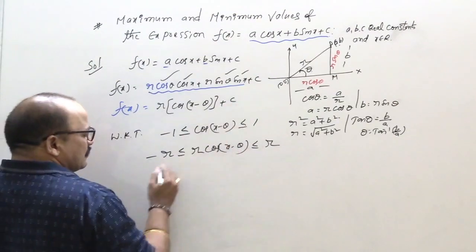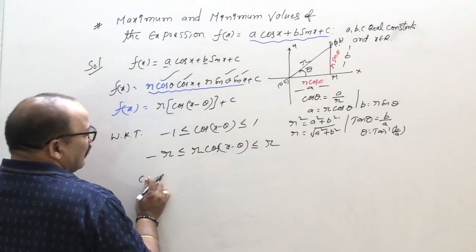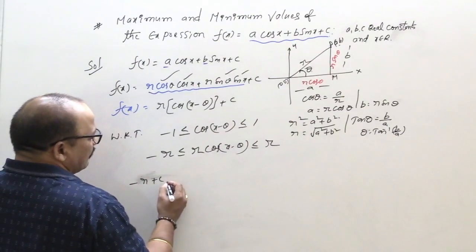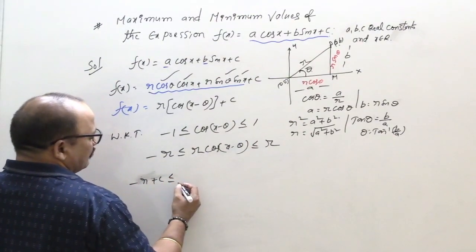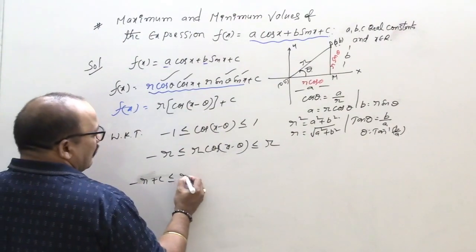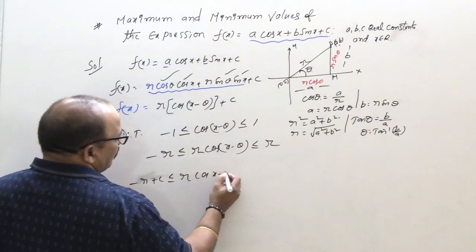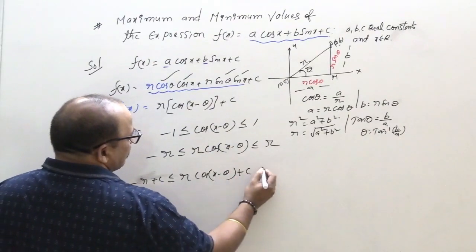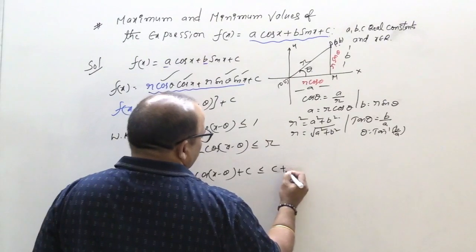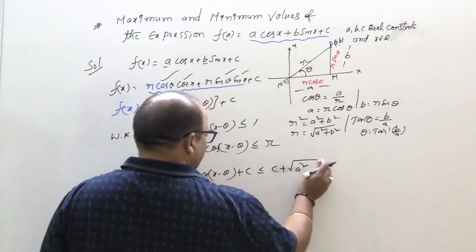Now adding c, minus r plus c is less than or equal to r cos of x minus theta plus c, which is less than or equal to r plus c.